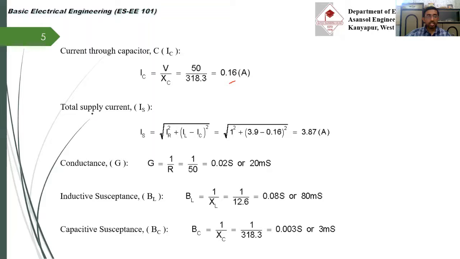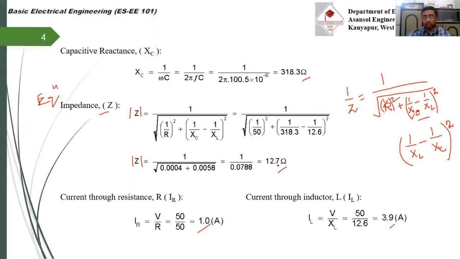So, what is the total current? Either you can calculate it like this, the square root of IR square plus IL minus IC whole square, which is 3.87, or the equivalent impedance you already calculated, that Z value you already know, right?